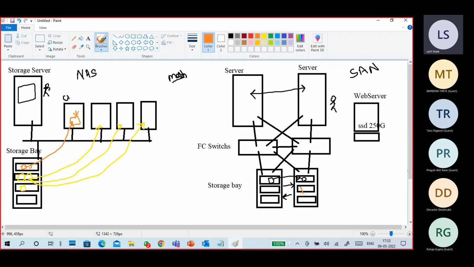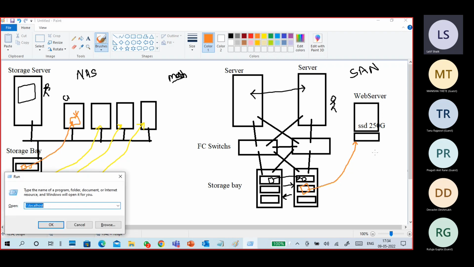What will the admin do? He creates a virtual hard disk, creates disk space here and sends it here. This space will be attached to this web server as a hard disk. It looks like a local disk only.